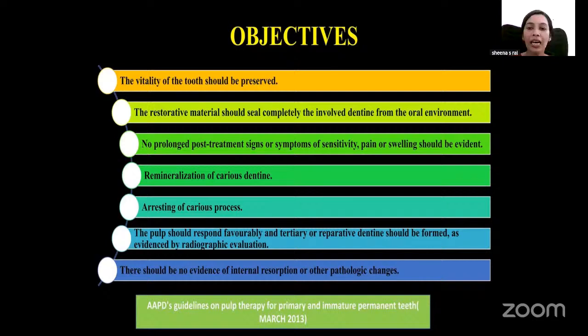In the case of indirect capping, dentine is present on the surface of the pulp, preventing exposure of the pulp and helping in the formation of reparative dentine.